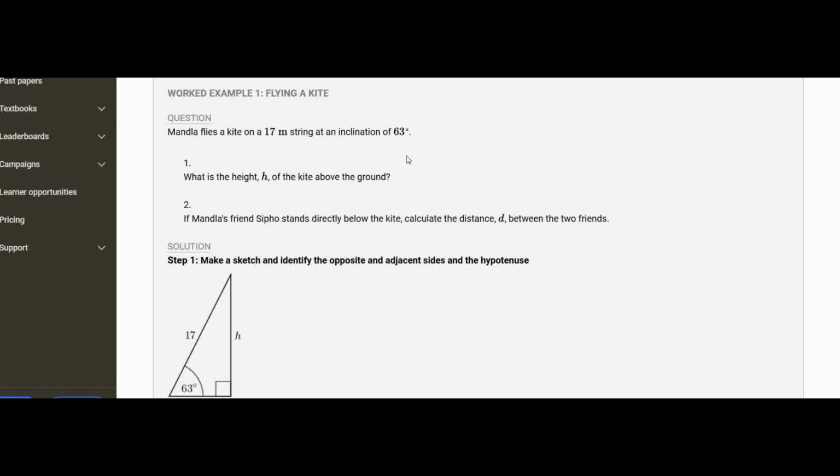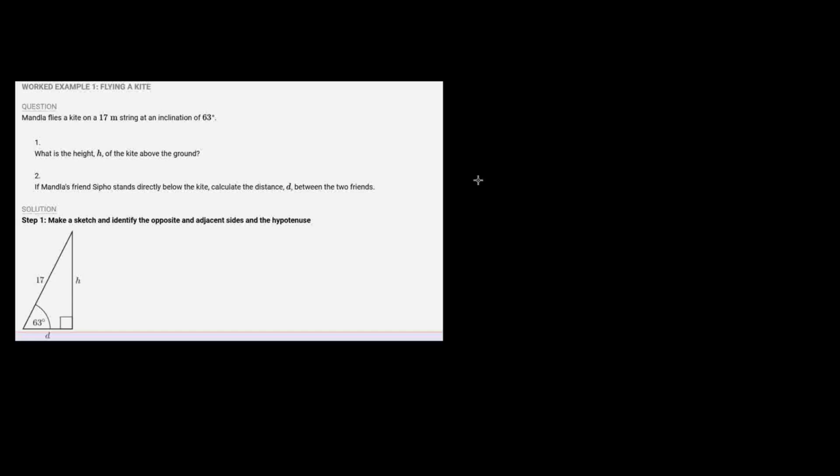When somebody is depressed, their head is usually down, so it's an angle that's looking down. What we are required to do is find the height h of the kite above the ground.